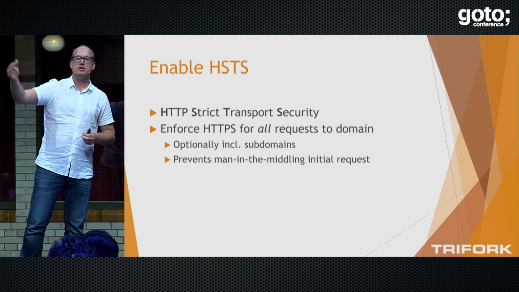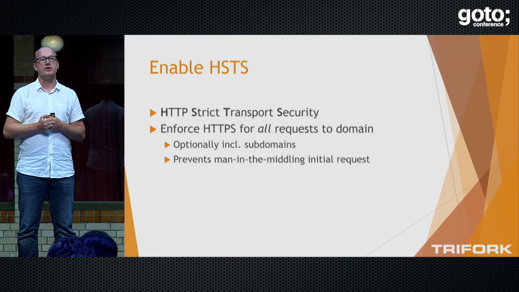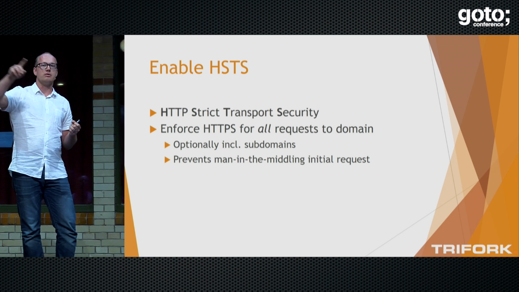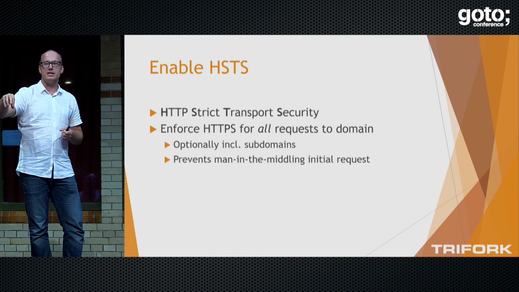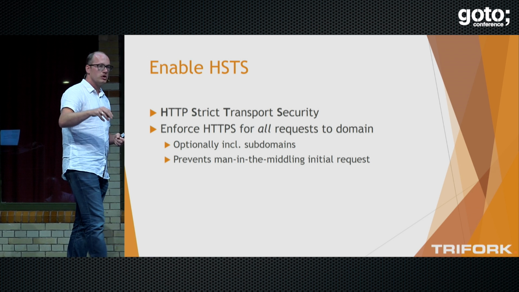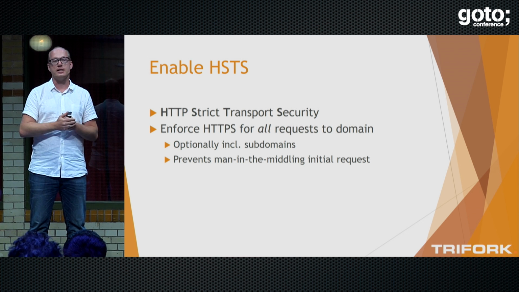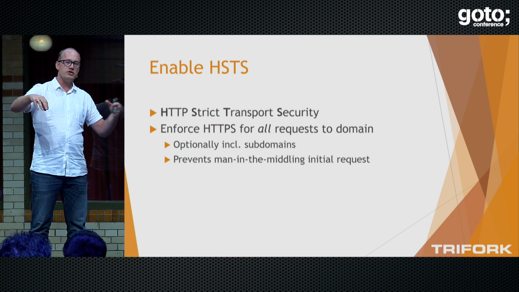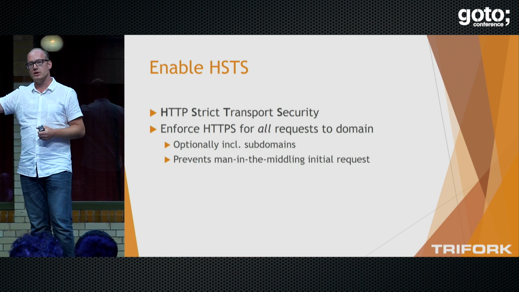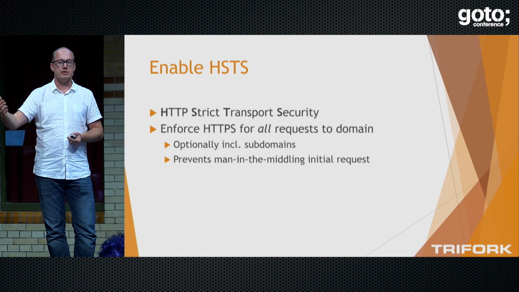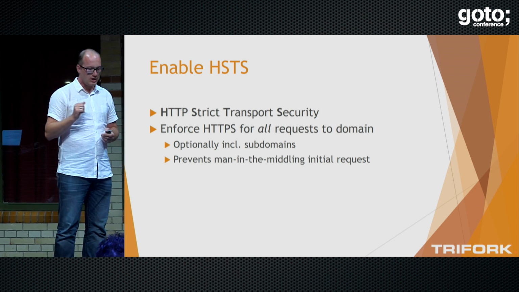And from there on out, all of your communication is going to be encrypted. But that first HTTP request that led to the redirect is actually vulnerable to a man-in-the-middle attack. There might be someone, especially if you're on an untrusted Wi-Fi network, that can sit between your browser and the server, intercepting that request, and then redirecting you to something else that they control. And you think you're going to the right website, but you're not.